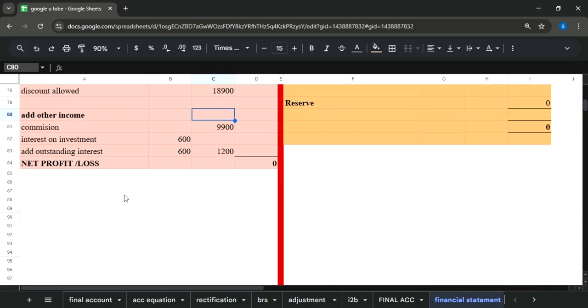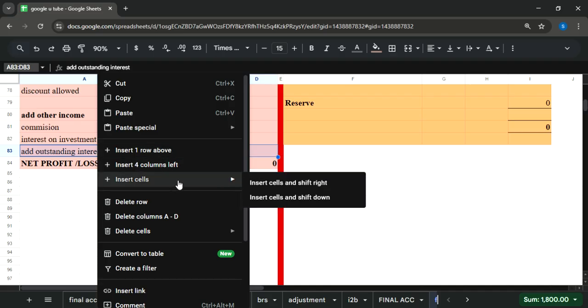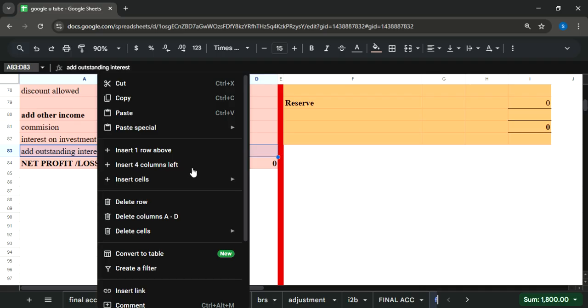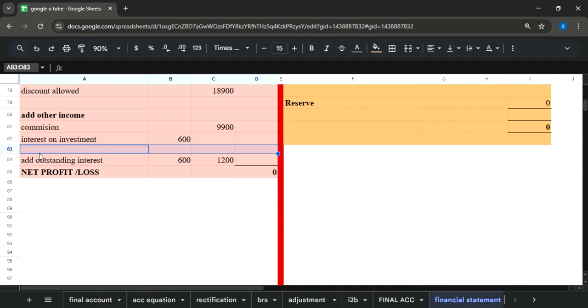Second is discount received. For that we need another line. So let's make another line. Now we will shift this amount to above side.